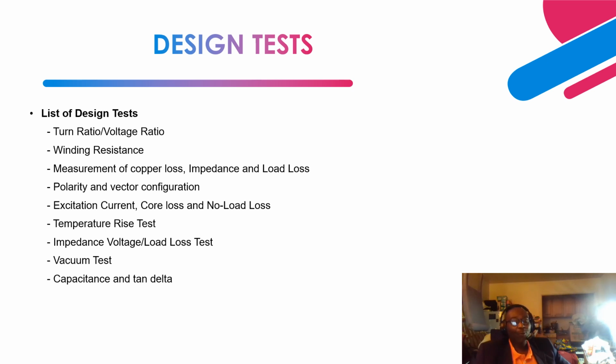So from there we determine the core loss, and that also is the same as your no load loss. So the combination of the no load loss and the load loss gives us the total loss. So this is the amount of wattage that we utilize during the temperature rise test.